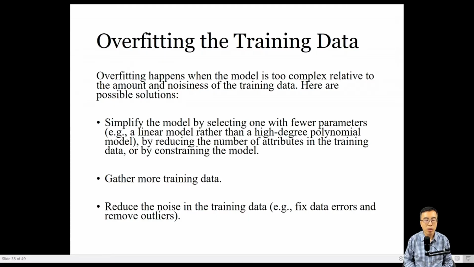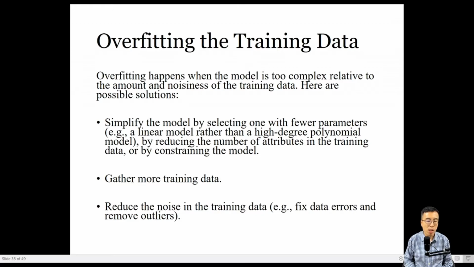And there are different solutions. First, you can simplify the model by selecting one with fewer parameters. For example, choosing a linear model instead of using a high-degree polynomial model, by reducing the number of attributes in the training data or by constraining the model.